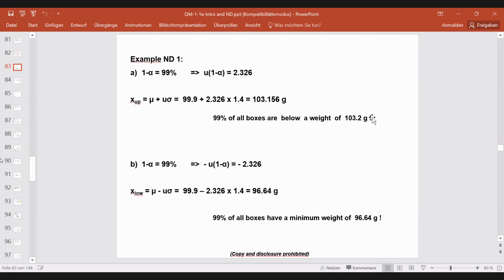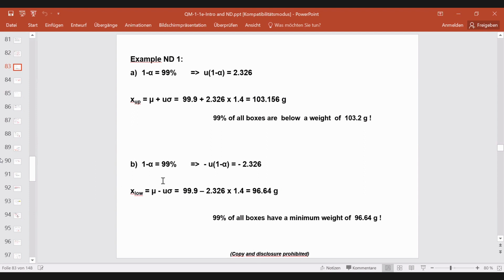This is the answer of the first question. Again, the question is related to an upper single threshold value, and the result for the value is 103.2 grams. So 99% of all the boxes are below this weight.